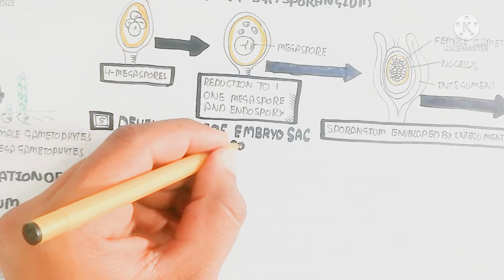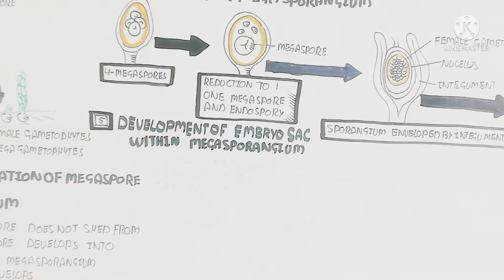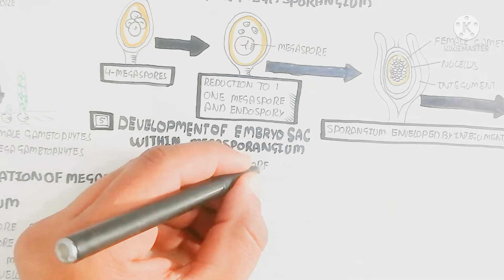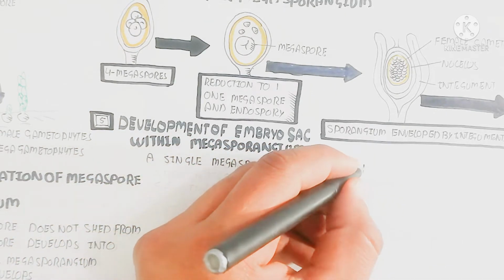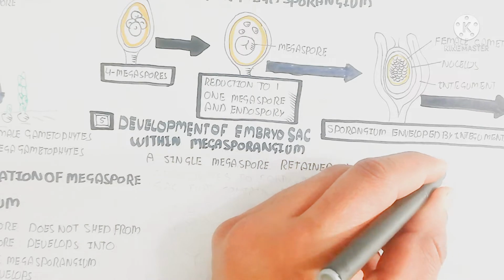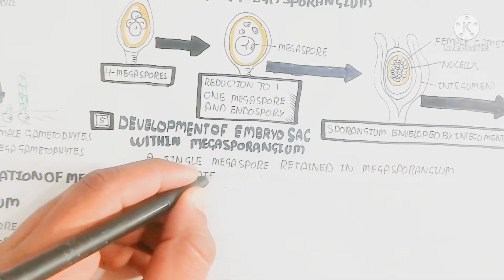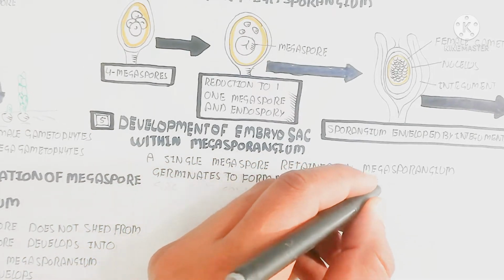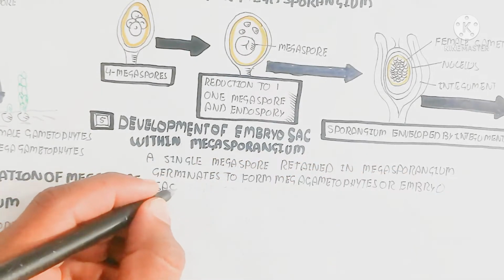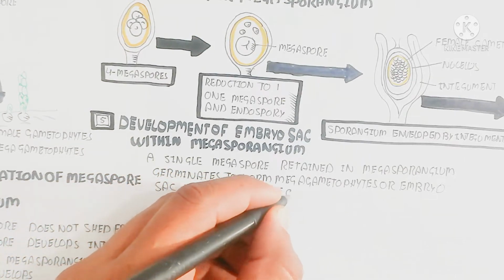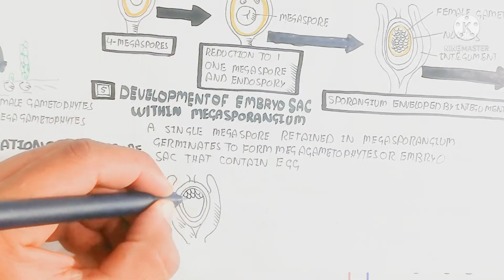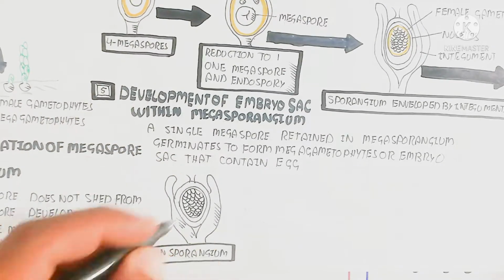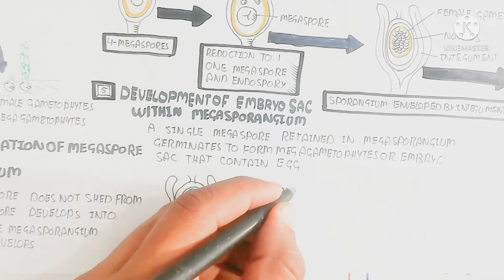This is the fifth step, and remember that a single megaspore retained in the megasporangium germinates to form the megagametophyte or embryo sac that contains the egg. Here you can see this is the female gametophyte, which contains the nucellus and integument, within the sporangium.